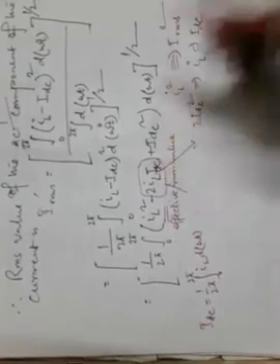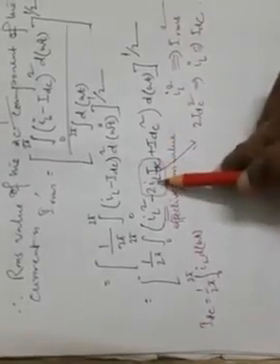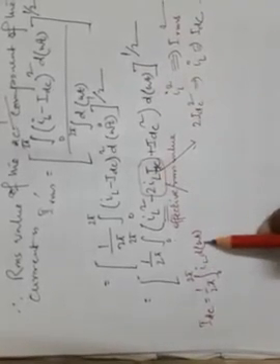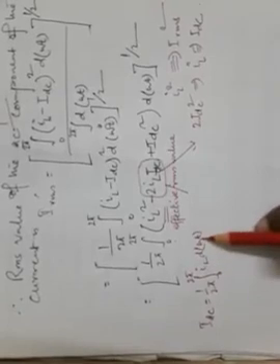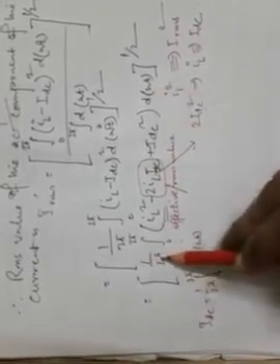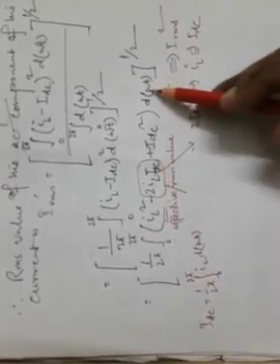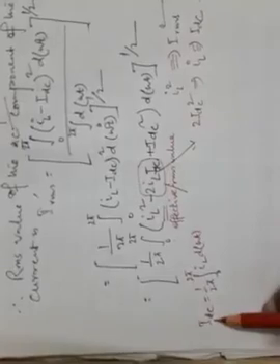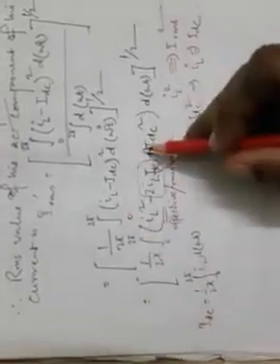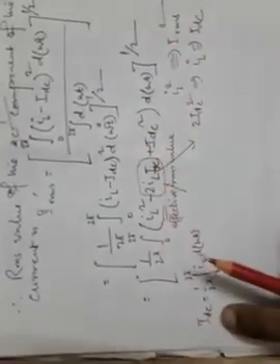Now if you leave apart 2 IDC, if you consider only IL d omega t, and this IL d omega t matches with this IL d omega t, that means 1 by 2 pi integration 0 to 2 pi IL d omega t is giving us IDC. So if we resolve the second part of this integral, we should get IDC.